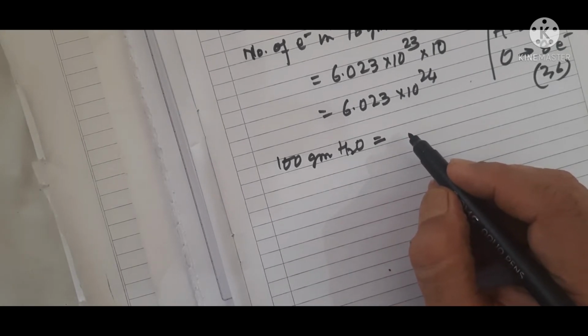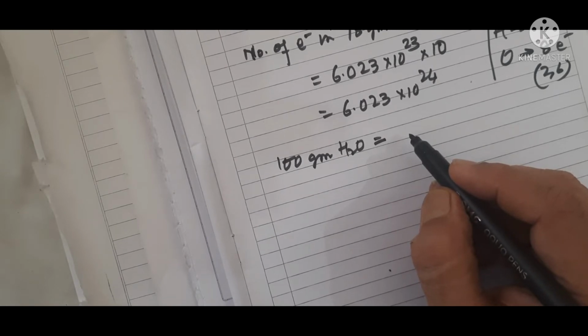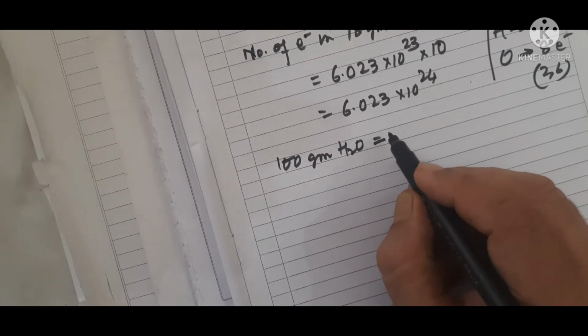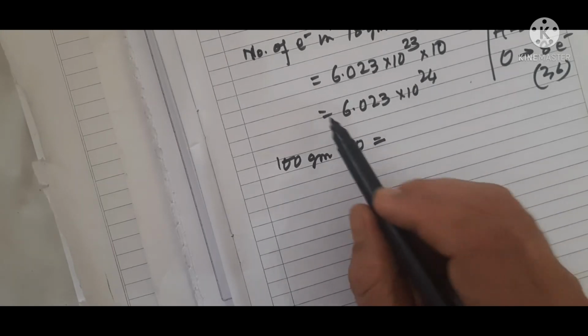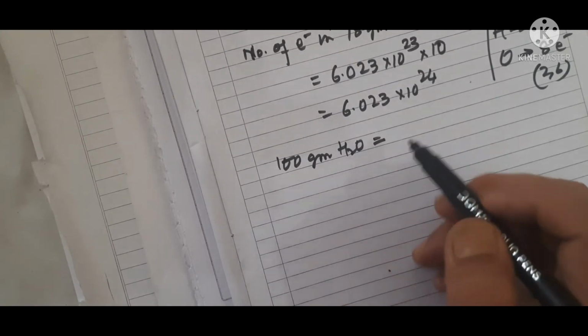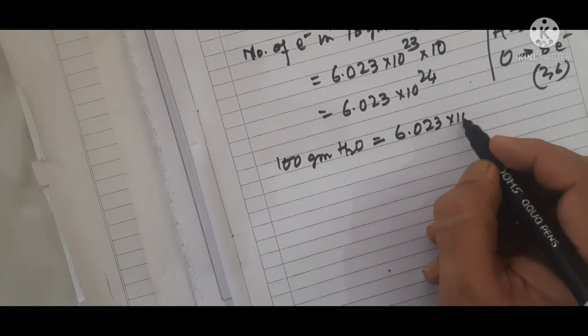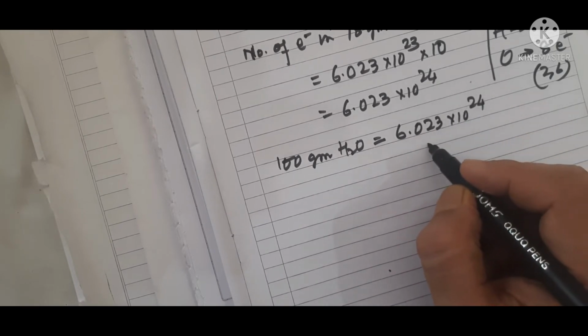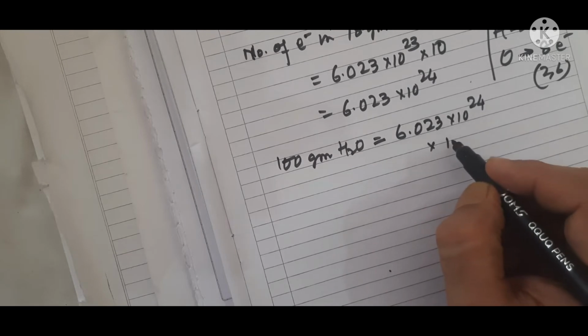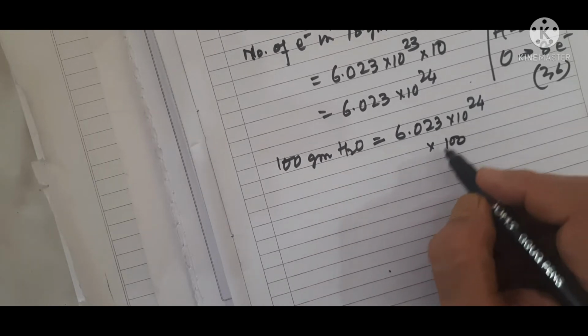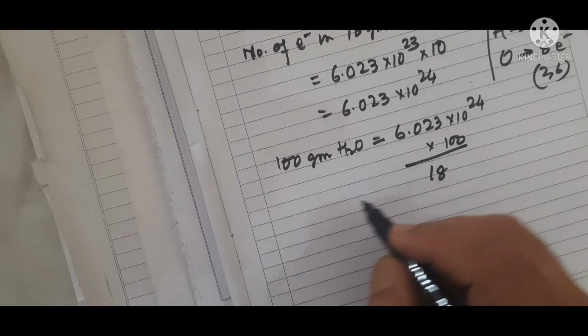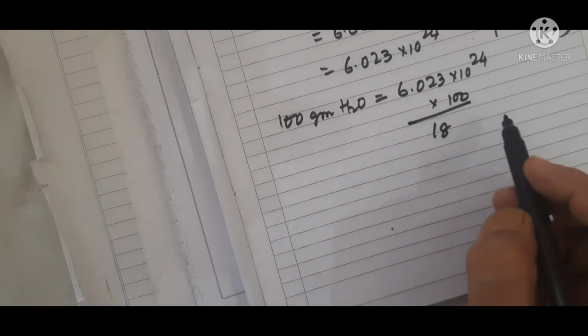तो हम क्या करेंगे, 100 ग्राम के लिए number of electrons कितना आएगा, तो 18 में इतना, 18 ग्राम में इतना, 100 ग्राम में कितना, तो यही है 6.023 into 10 to the power 24 into 100/18.